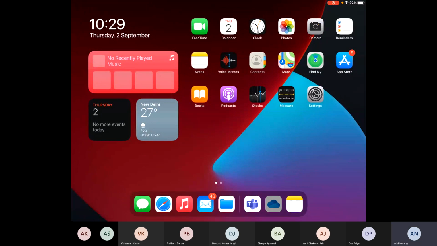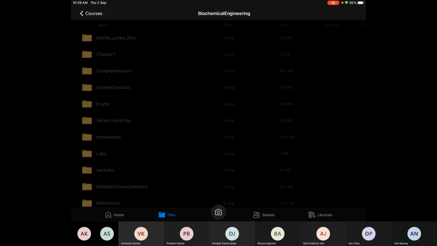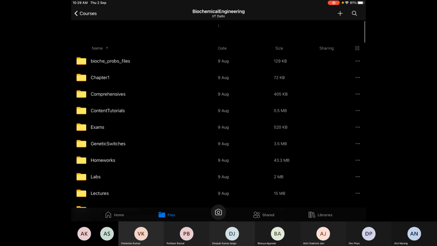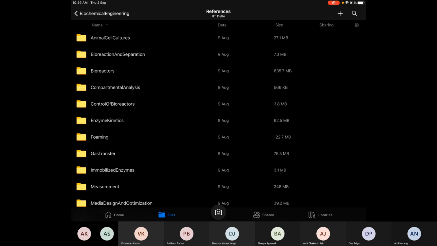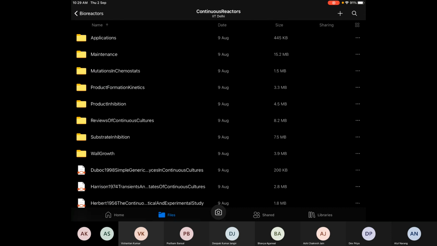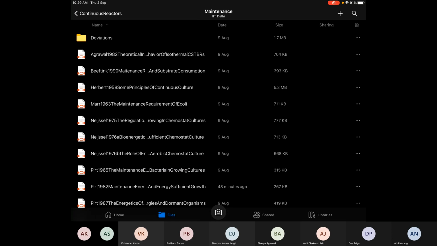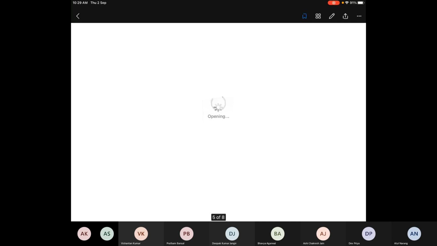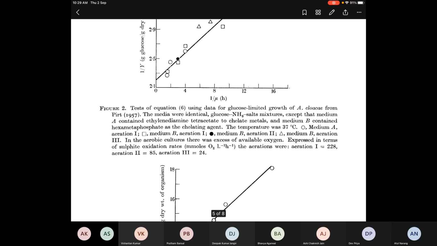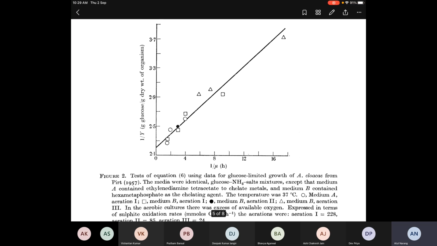Do you see 1 over y on the y-axis and 1 over mu on the x-axis?